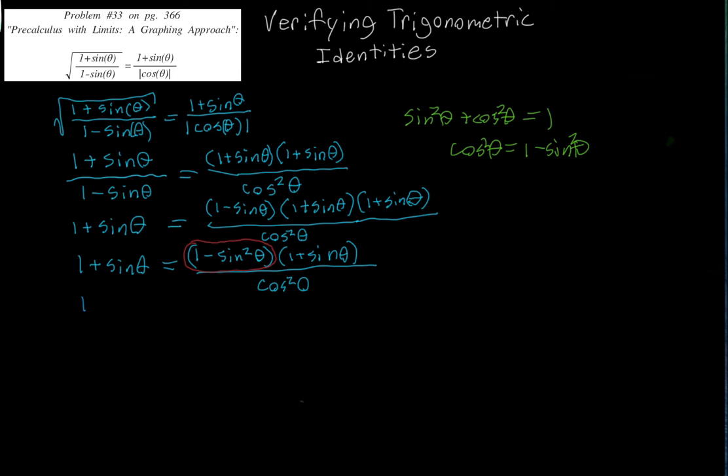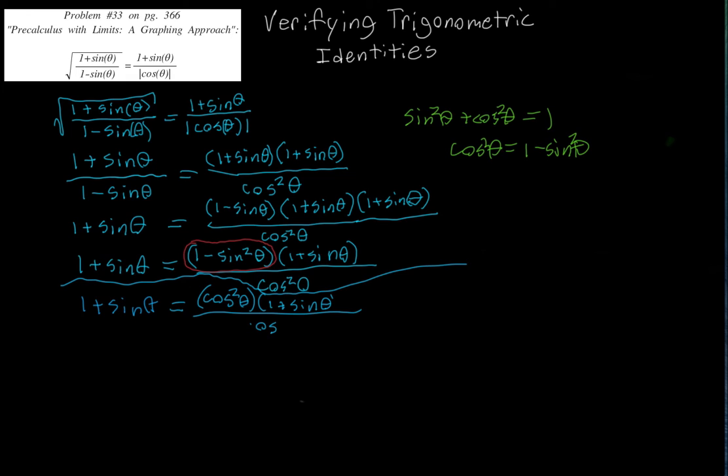So now we have 1 plus the sine of theta is going to be equal to cosine squared of theta times 1 plus the sine of theta divided by the cosine squared of theta.